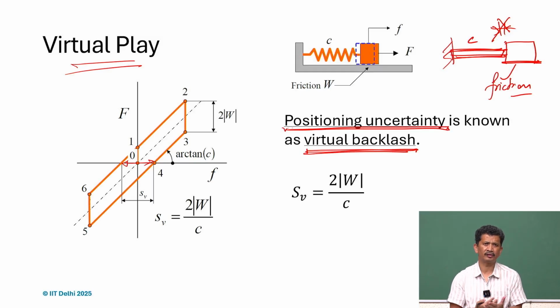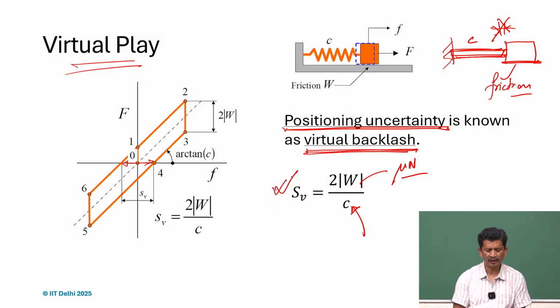So whenever there is friction involved, or if there is a sliding contact, because of the mu, many times this is mu N, the coefficient of friction and the normal load. If there is the coefficient of friction between the surfaces, and if there is limited stiffness of the connecting member, we will always have play.